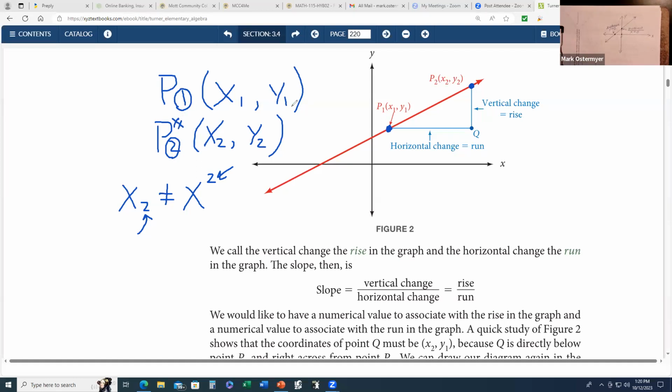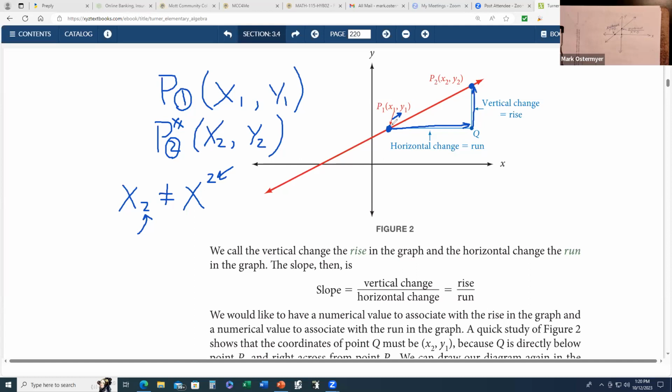They're unique points. All right, suppose I'm a person walking up along this slope here, and I walk from point P sub 1 up to point P sub 2. As I walk along this red sloped line here, I'm going to experience two things changing. I'm going to experience a change in my horizontal position, and I'm also going to experience a change in my vertical position.